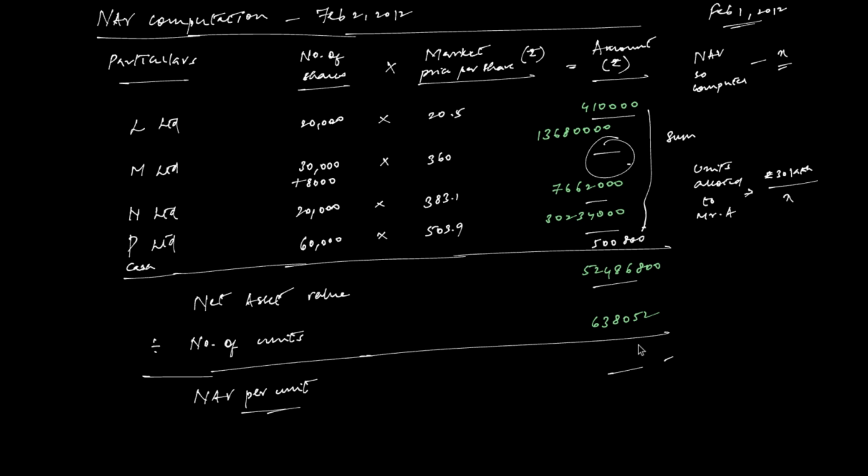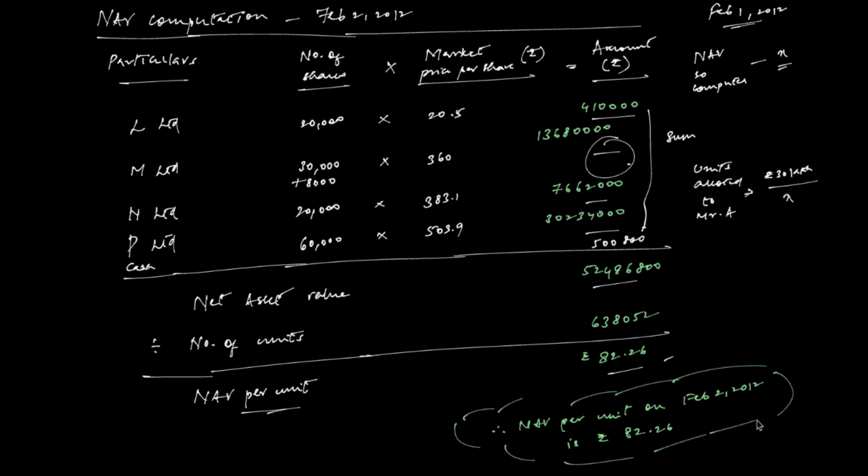So 52,486,800 by 638,052 is 82.26, right? So NAV per unit on Feb 2, 2012 is rupees 82.26, right? This is the solution.